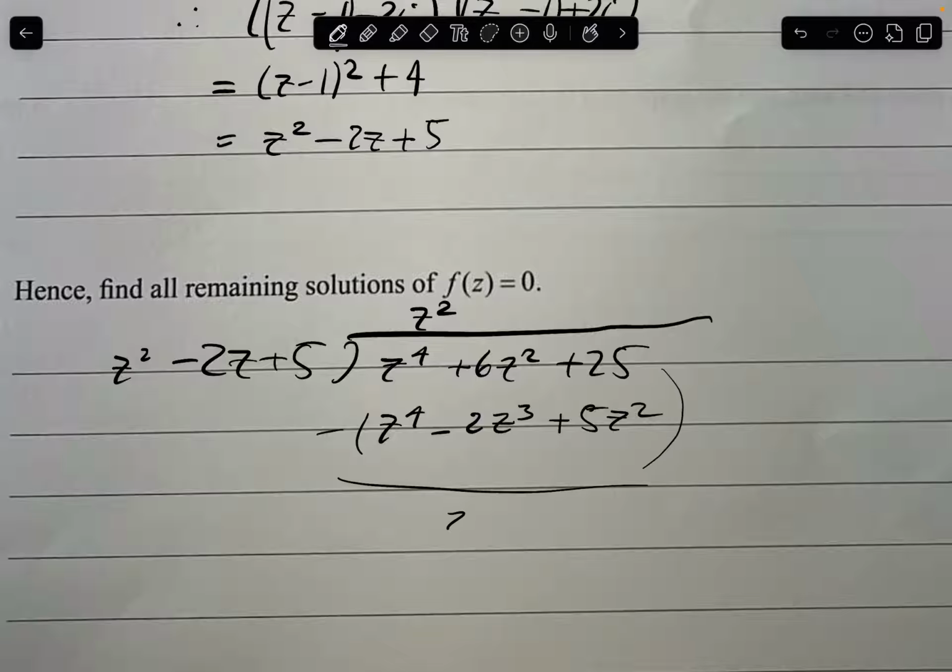Subtract and you get 2z cubed plus z squared.